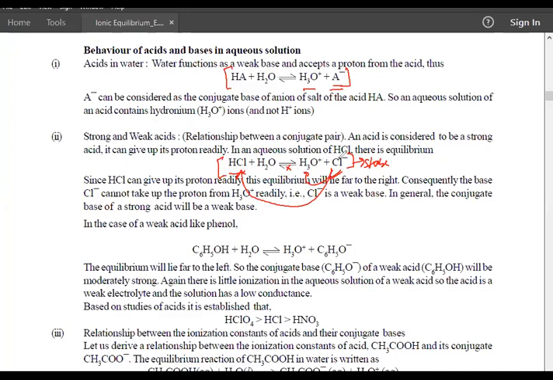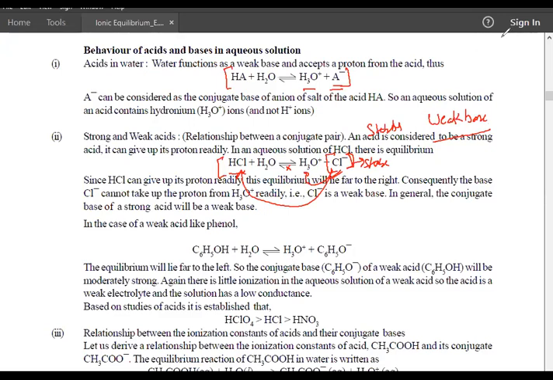Or you can say that Cl minus is stable, or it is a weak base. Because it is stable, it will have less tendency to accept H plus, which means it's a weak base.